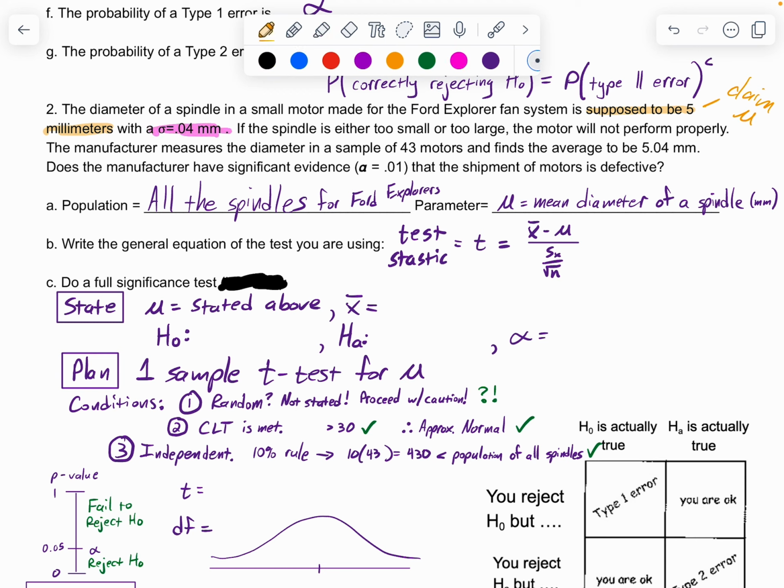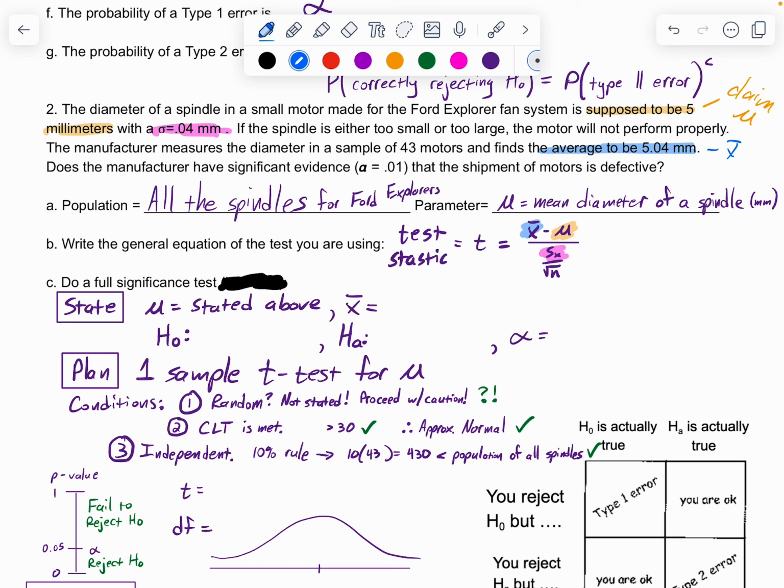I'm treating this as a t-test, and I'm going to use sigma for the s of x right there. I got my mu right there in orange. The x bar, if I keep reading, they took a sample and found the average to be 5.04. So that's my x bar, okay?